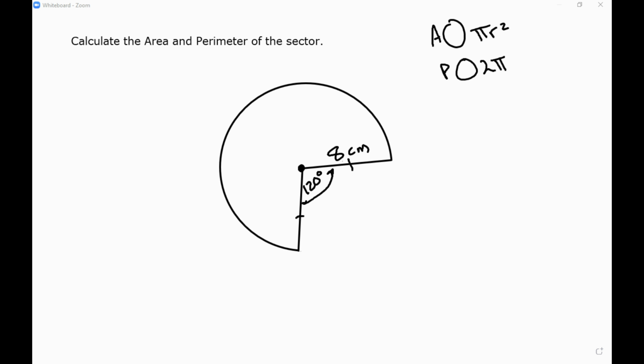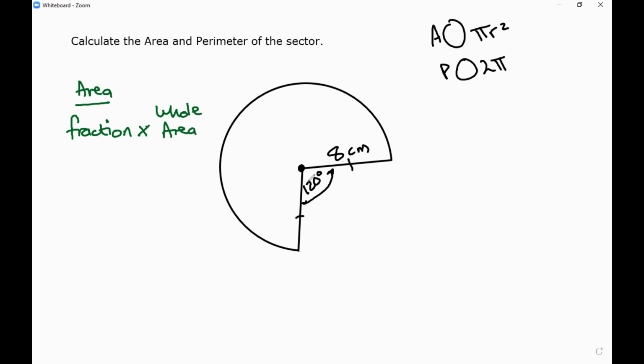All right, let's go through this one now. So here we go. The first thing we're going to calculate here is the area. Remember, area is given by some fraction multiplied by the whole area of the circle.